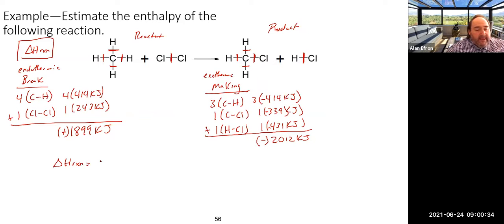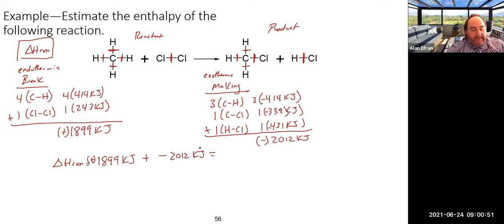We basically would take all of our breaking, which is 1899, again positive, plus our negative 2012, which is what we have for making our bonds.